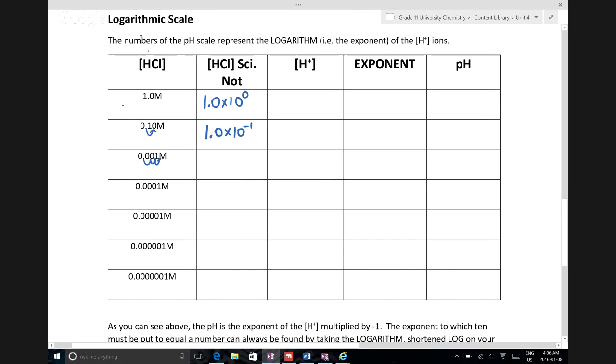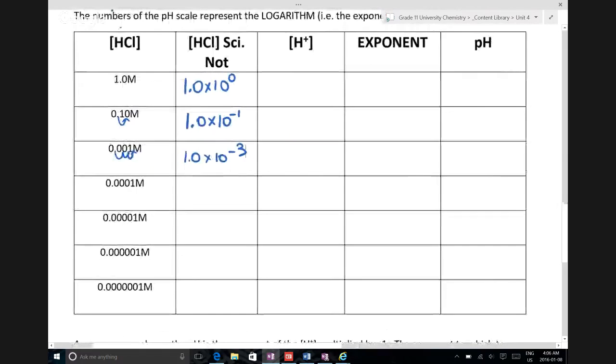This one here, I would have to move the decimal over 3 places. So this would be 1.0 times 10 to the negative 3. This one would be 1.0 times 10 to the negative 4. This one times 10 to the negative 5. This one times 10 to the negative 6. And this one times 10 to the negative 7.